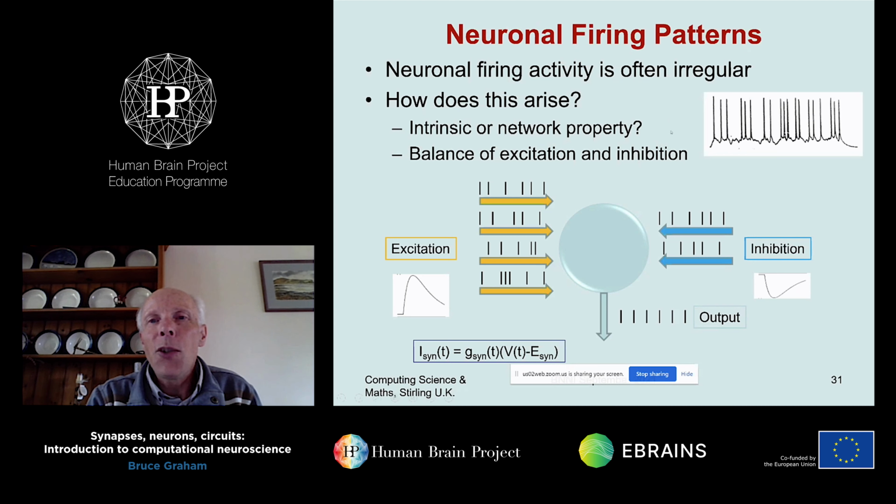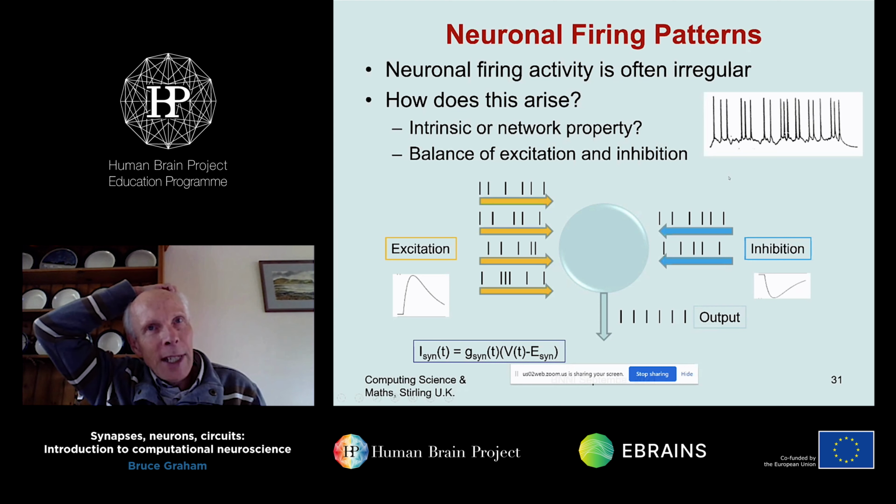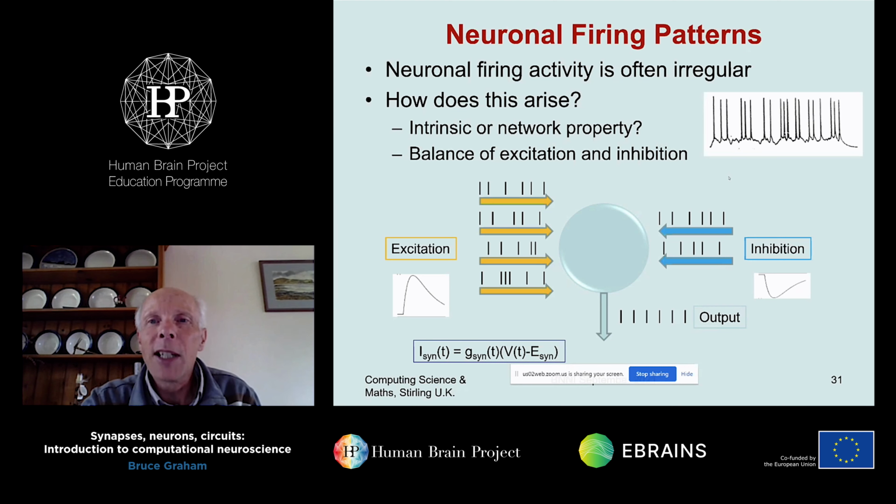Now, neurons are in fact noisy devices. Ion channel opening and closing is a random process, but that level of noise is typically not sufficient to account for all the irregularity in the spike firing we get. So it's more likely that there's a significant contribution to the inputs that the neuron receives.